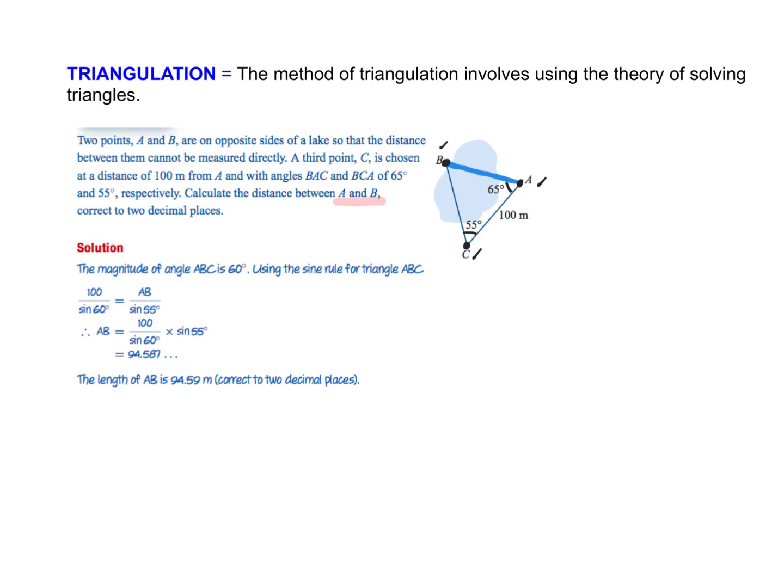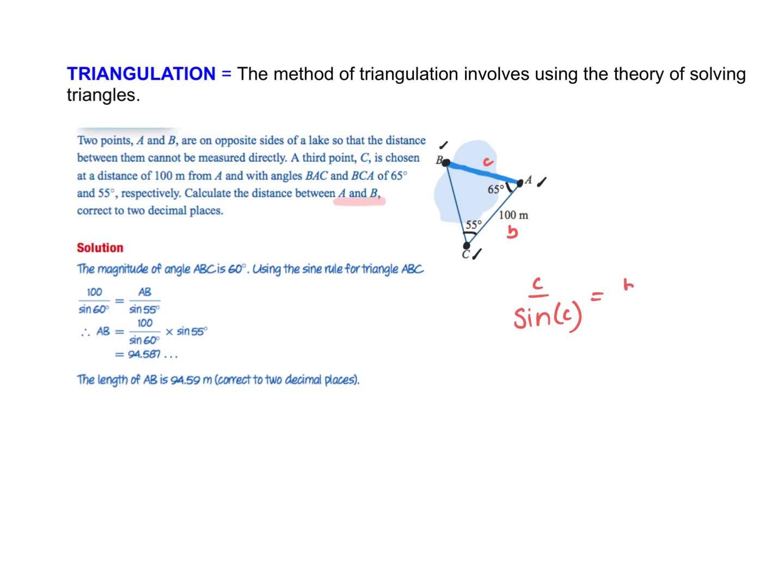So AB, if we use their little triangle, would be little c, and we've been given little b. So we know we have to use sine C in our thing, because if we went through our flow chart, do we have a right angle triangle? No. Do we have more than one angle? Yes, so we're using the sine rule.